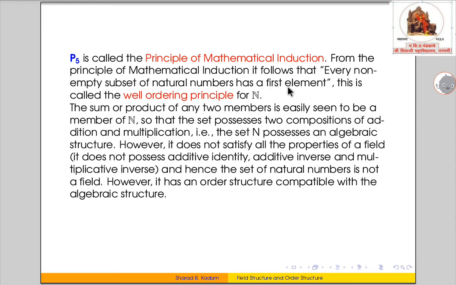Here first means least element, that is the smallest element, and this property is called the well ordering principle for the set of natural numbers. That means the well ordering principle states that every non-empty subset of natural numbers has a smallest element.